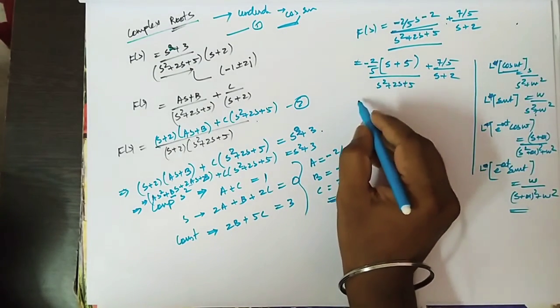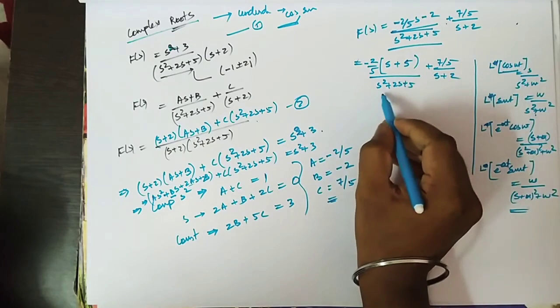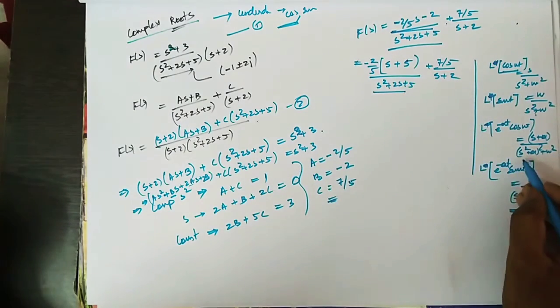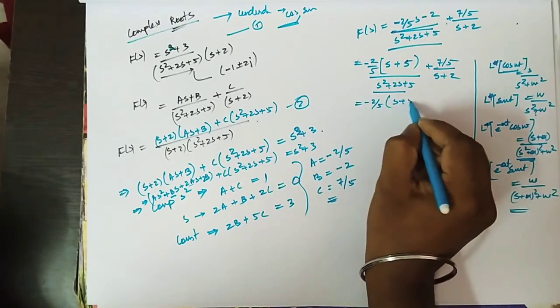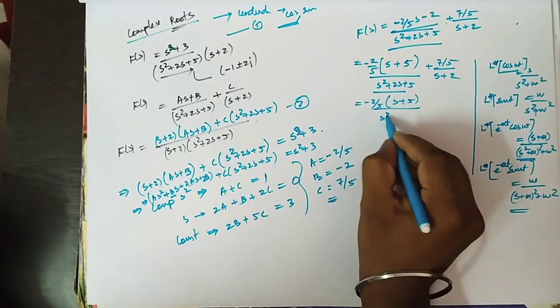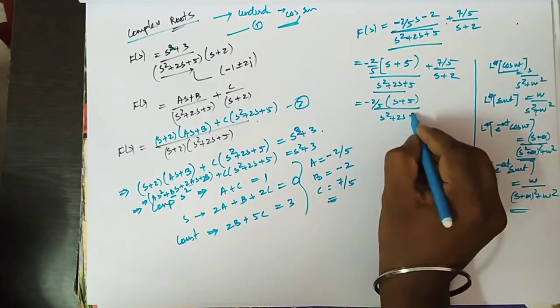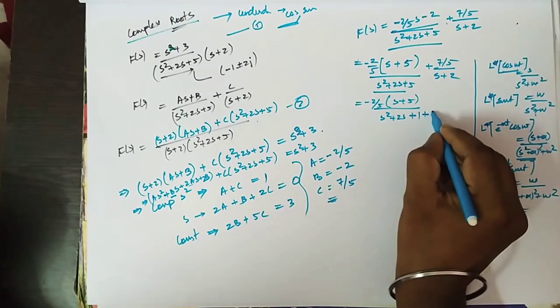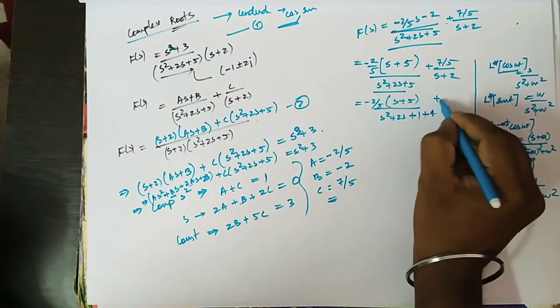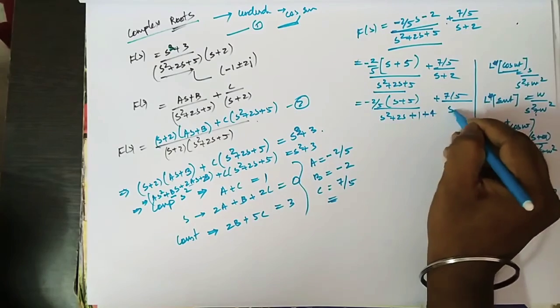Your denominator should be in the form of a perfect square plus omega squared. So it is minus 2 by 5 into (s plus 5) by (s squared plus 2s plus 1 plus 4). You separate the 5 as 1 plus 4, plus (7 by 5) by (s plus 2).